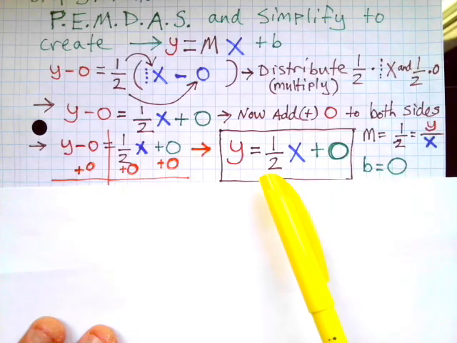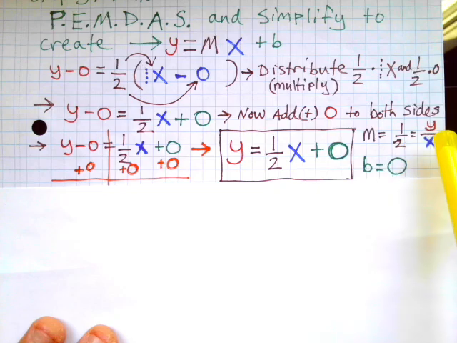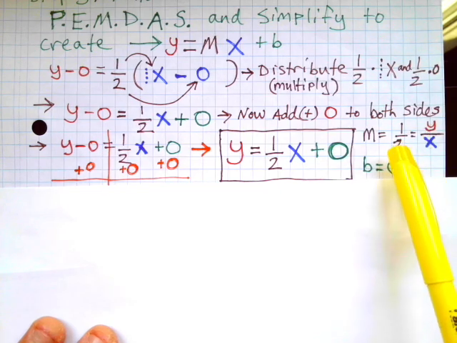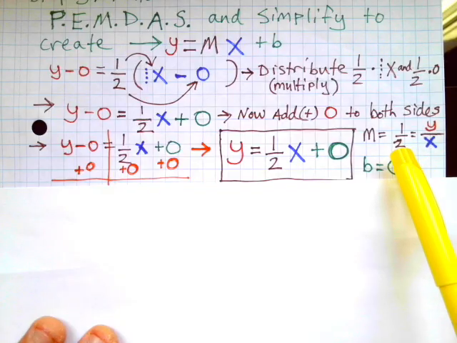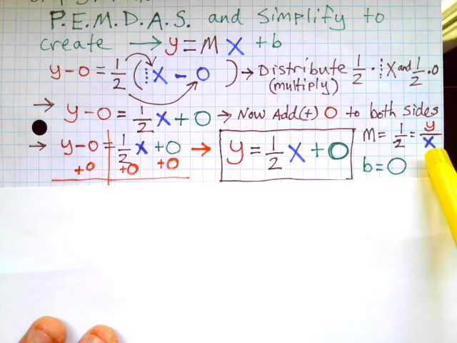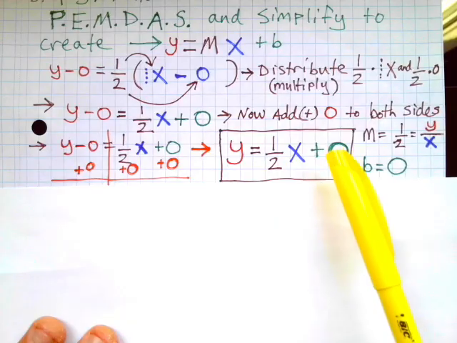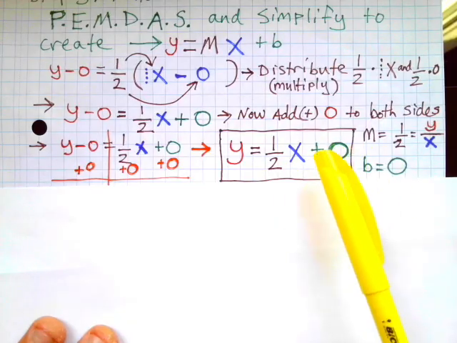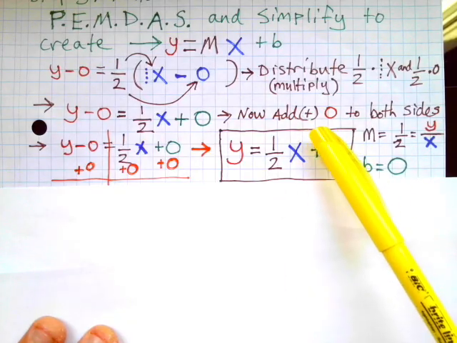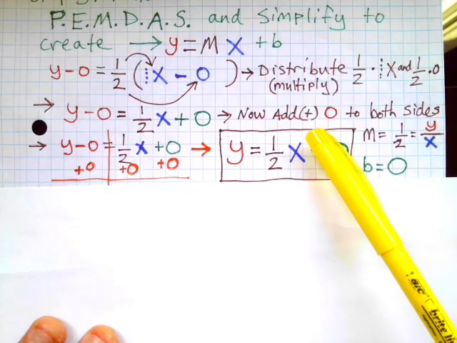What's my slope? 1/2, right? M is 1/2, where y represents a positive 1, rise positive 1, and my x represents 2 over 2 in the positive x direction. I'm showing you that plus 0 because sometimes they just give you, hey, y equals 1/2 x.